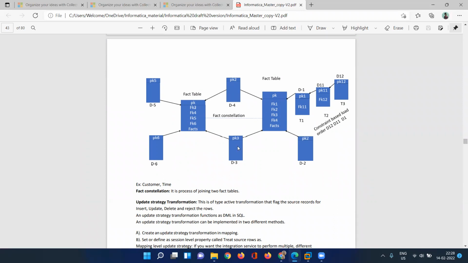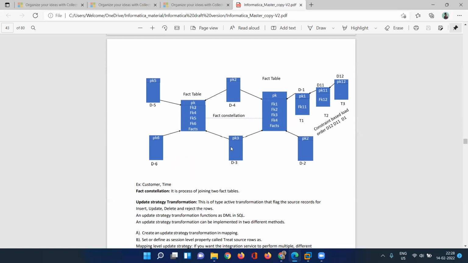The dimension which shares data with more than one fact table is called a conformed dimension. See here, D3 and D4 share data with two fact tables. These two dimensions are called conformed dimensions.